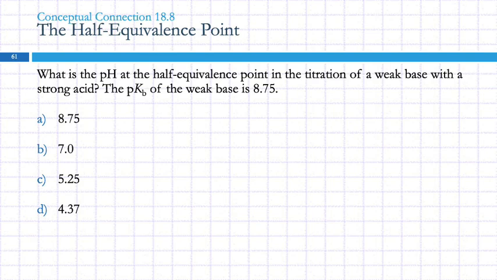But it's easy to find. pKa is 14 minus 8.75, which is 5.25. So in this titration of the weak base, at the half equivalence point, the pH is equal to the pKa.